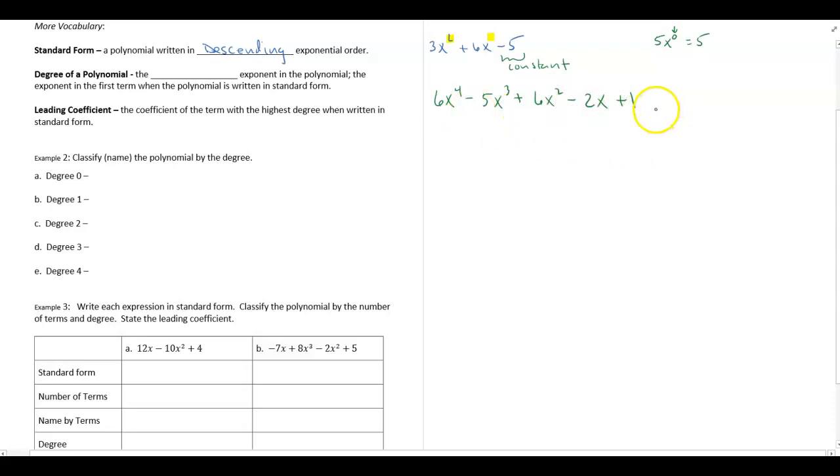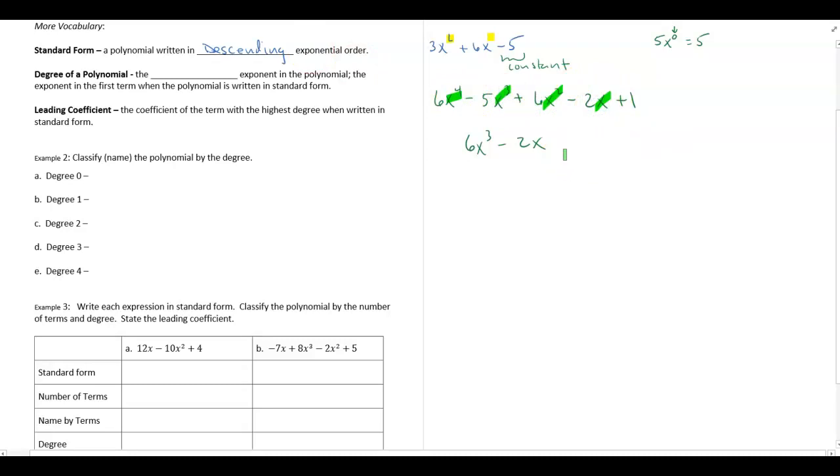This is in standard form. If I look at this one, 6x to the third minus 2x, that's in standard form. So standard form means when you look at your variable expression, your exponents are in descending order.